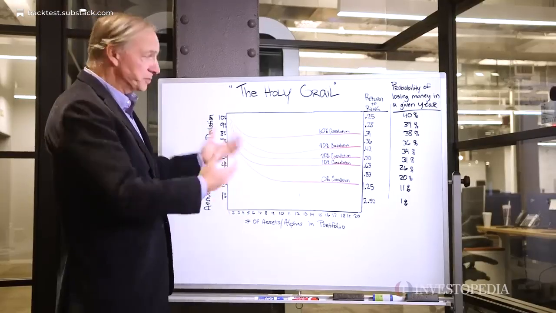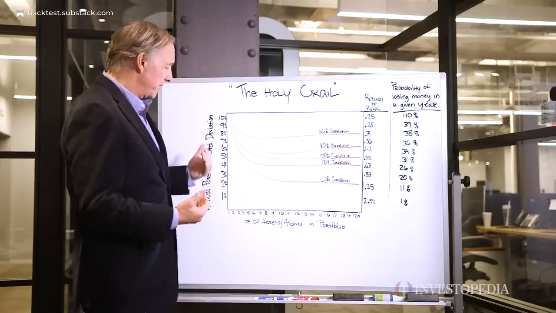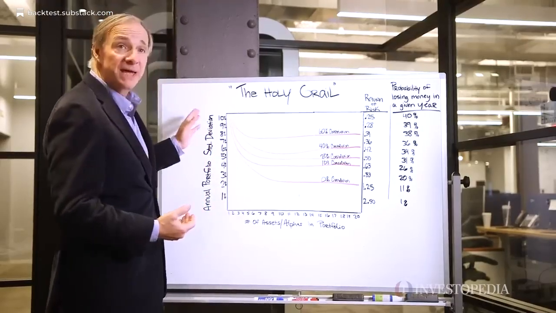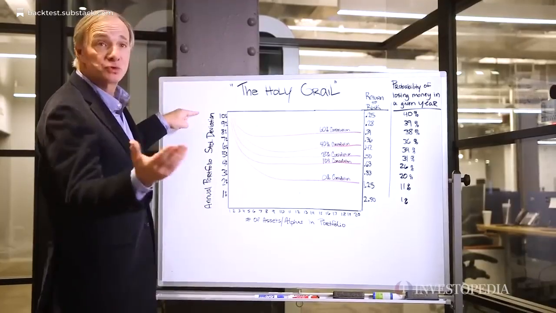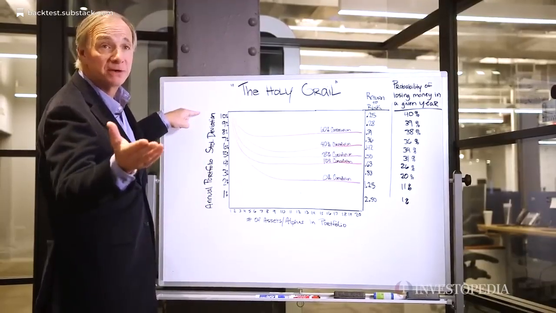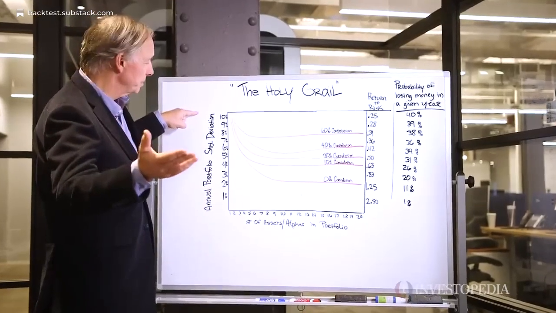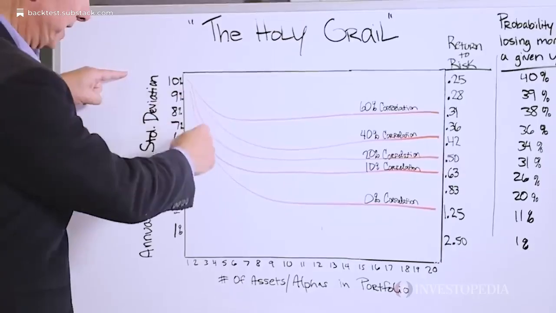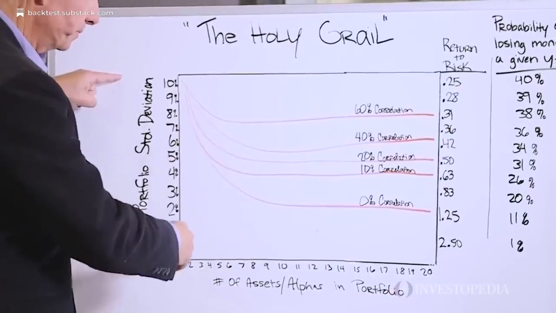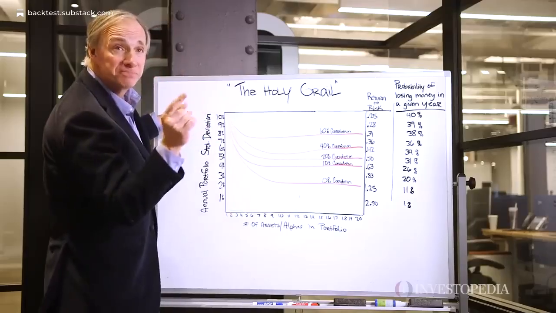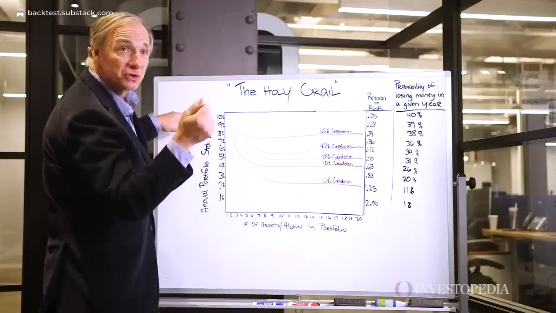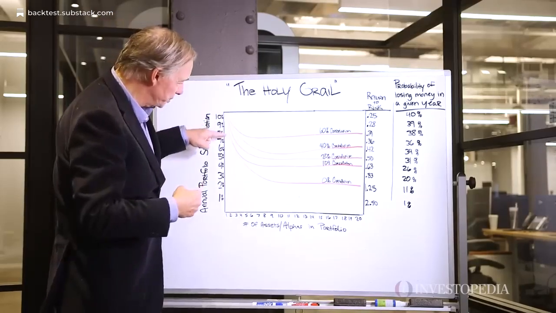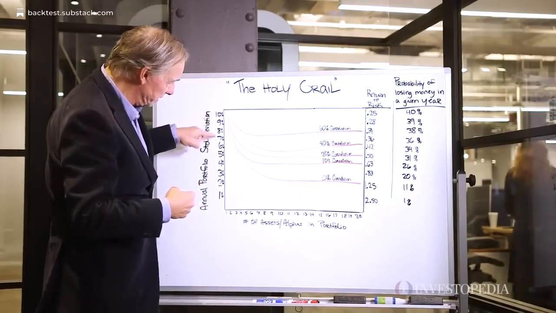So that's what this chart shows. Imagine you have a 10% average return, and you don't know which bet is going to be better. It has a 10% average return and a 10% risk, and you add in a second and a third and so on. You're not going to lose the 10% return, but you're going to have a reduction in risk.